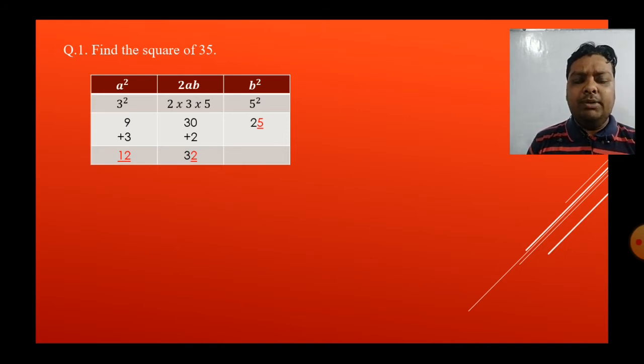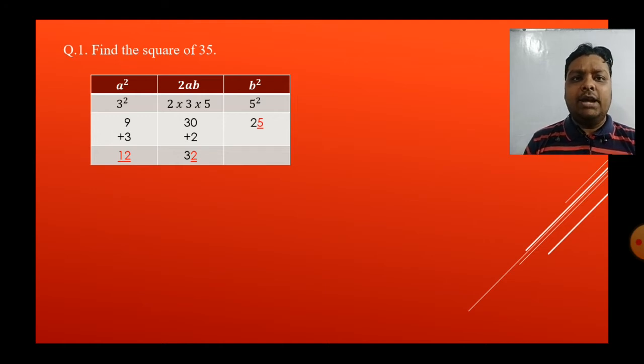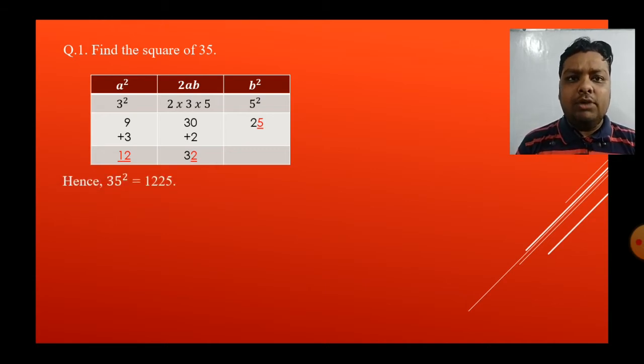Then we carry forward the tens digit of 32, which is 3, and add it to 9, so we get 12. For the last, A square, we take the whole 12, and the unit digit of 2AB and the unit digit of B square. It means 1 2 2 5, all the red signs you can see here. So the square of 35 is 1225. Like this we can find the square of 35.